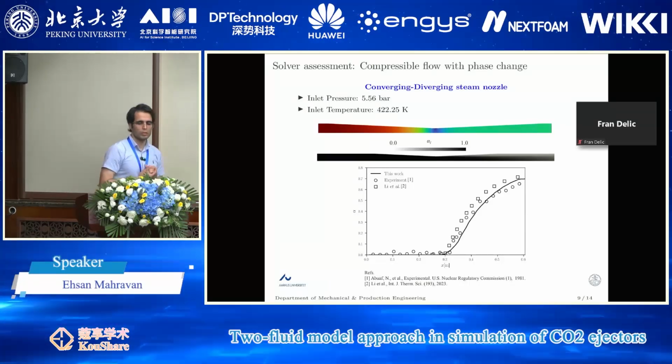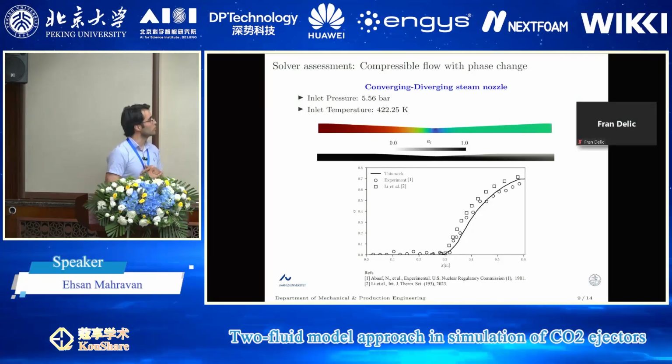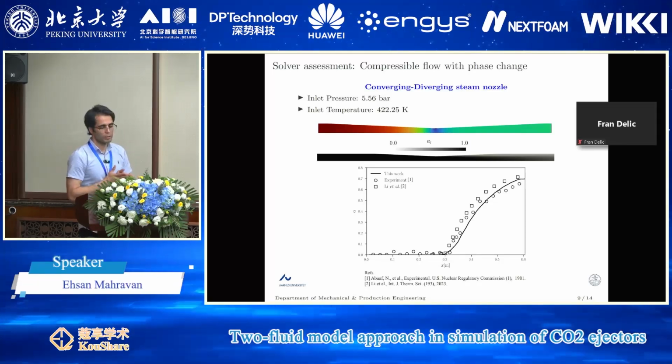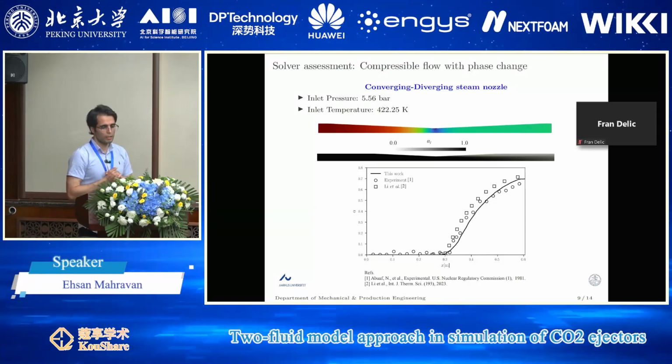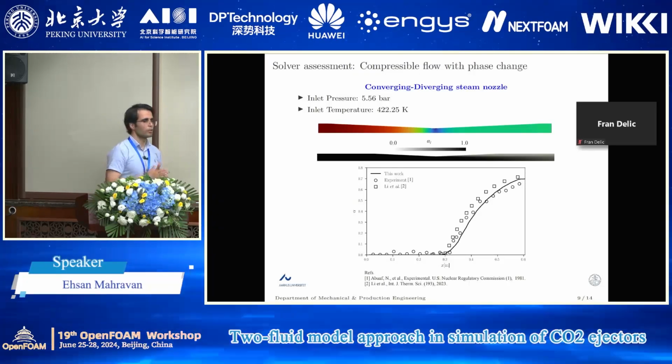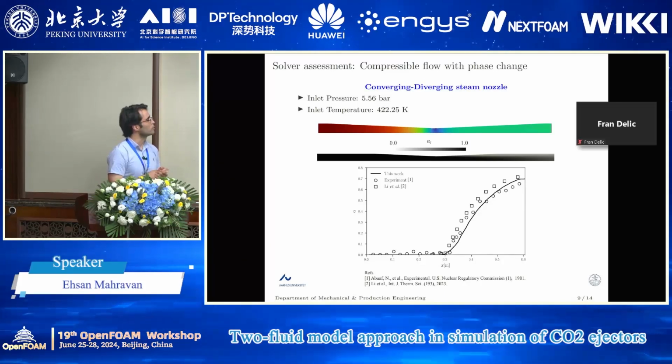to simulation of converging-diverging steam nozzle. The test case that you are seeing here is from BNL lab. It's a very well-established benchmark, and there are tons of test cases that we could play around with and verify the solver.